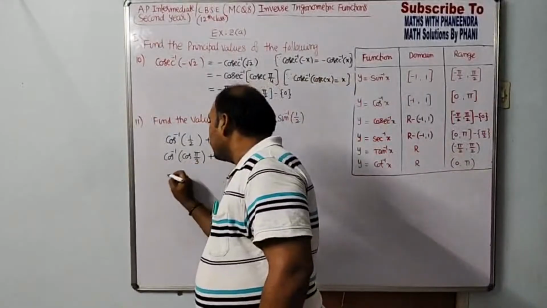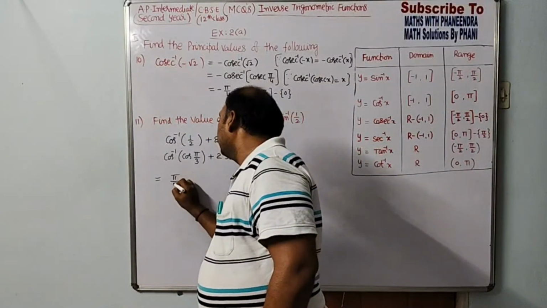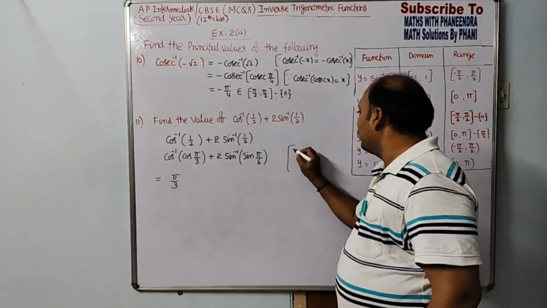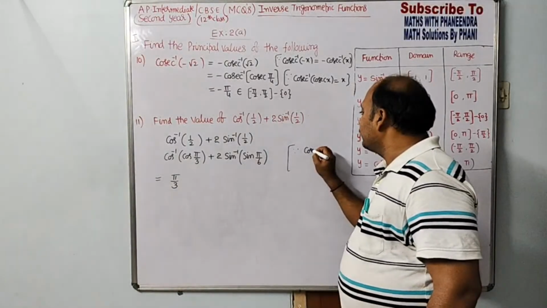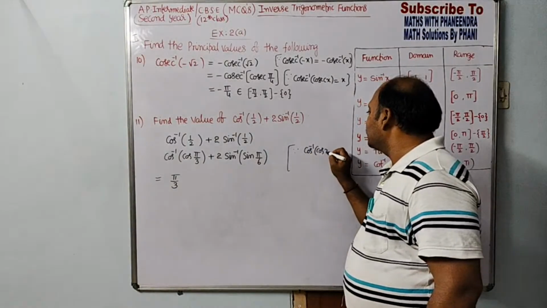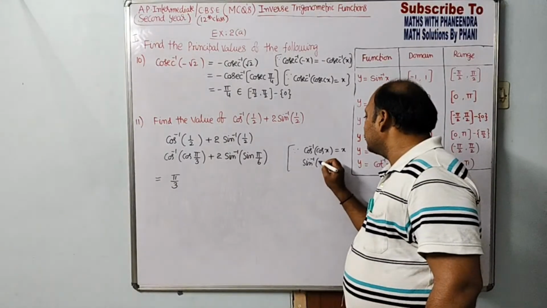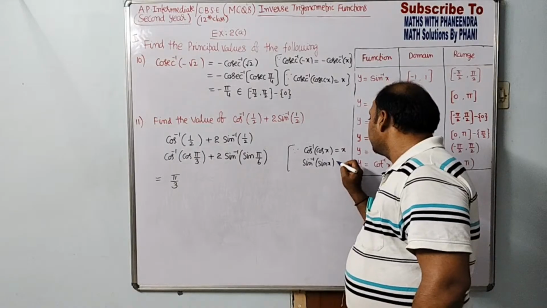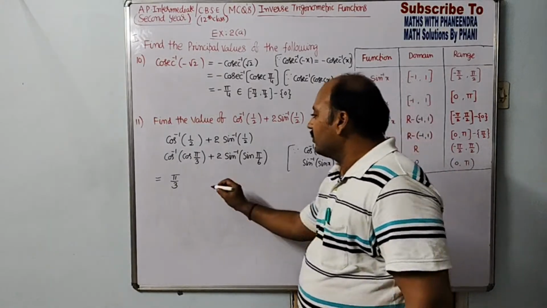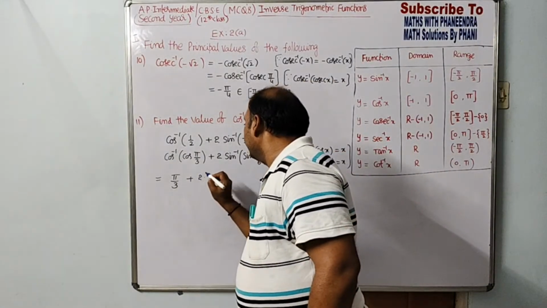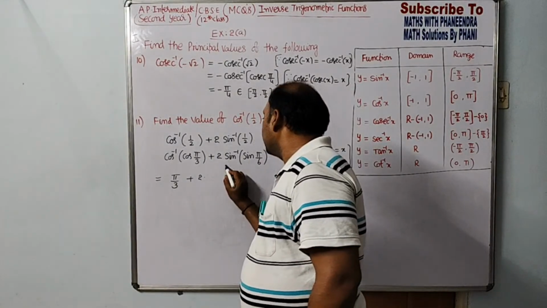So cos inverse of cos theta is equal to theta. Here we are applying these formulas: cos inverse of cos x is equal to x, sin inverse of sin x is equal to x. So pi by 3 plus 2 into sin inverse of sin pi by 6.